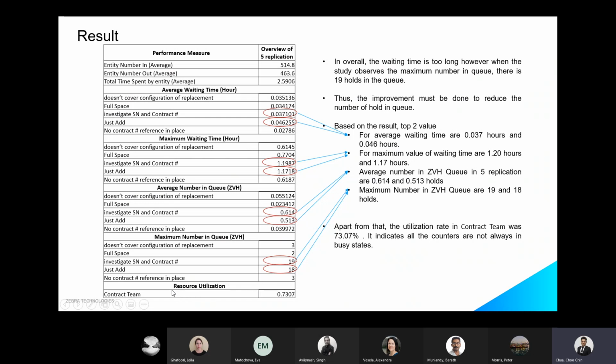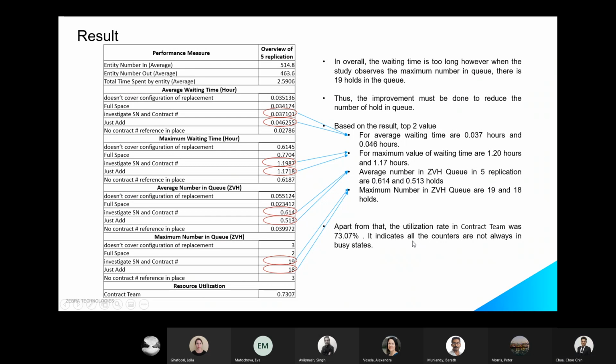So we can see the result: utilization of the contract teams is 73%, if we base it on 100%. So it is a 73% utilization rate.